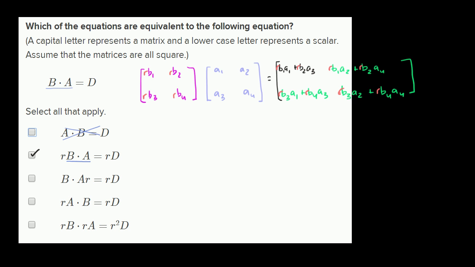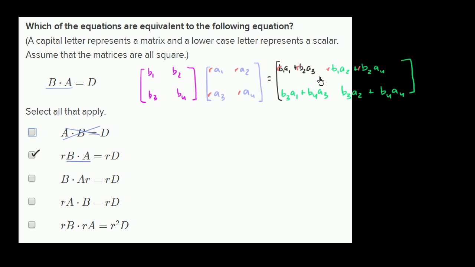Over here, this next one, once again, they still have B times A, but now they're multiplying A times R. And for the exact same argument, actually let me go back here and recheck the ones that I've already checked. So we know that this is true. Now for the exact same argument, if you multiply A times R, you're going to have R, R, R, R. And so every place where you see an A, you're going to have an R in front of it.